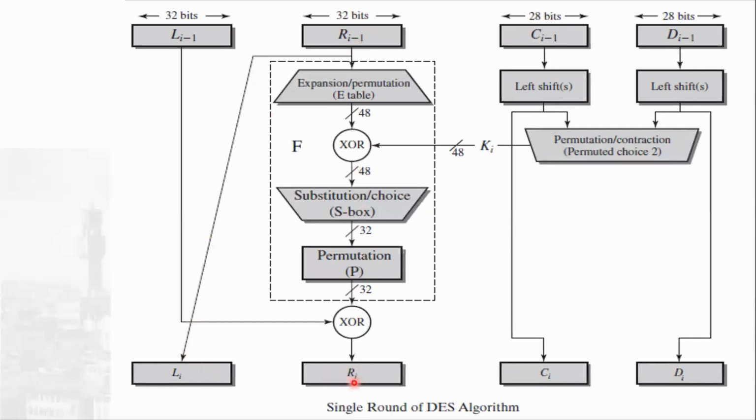But Ri cannot be the same as Li minus 1. It has to be encrypted. How is it encrypted? Li minus 1 XOR with f of Ri minus 1. So you are applying the Feistel function on the right part of the previous round, and that output you are XORing with the left part.